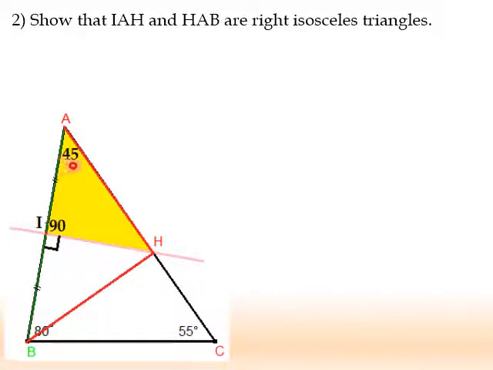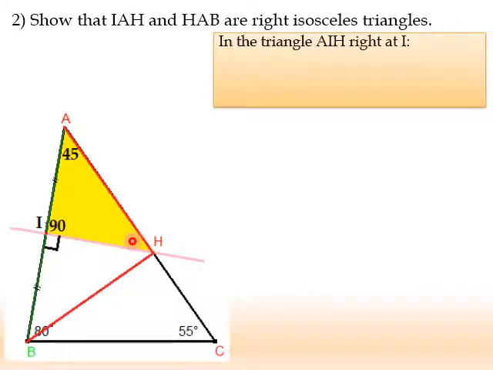From the first part, we verified that BAC equals 45. And since it's a perpendicular bisector, HIA is 90 degrees. Now let's find the measure of the third angle, which is AHI. Always the same rule: the sum of angles in a triangle is 180 degrees.